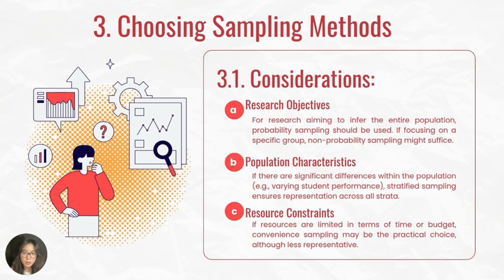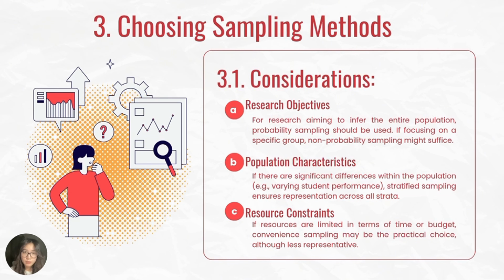The population may be diverse in terms of factors such as age, gender, socioeconomic status, education level, and geographic location. And there are significant differences within the population. You may need to use more sophisticated sampling methods to ensure that the sample accurately reflects these differences. For example, if a population consists of students from different grade levels, genders, and academic abilities, stratified sampling may be necessary.